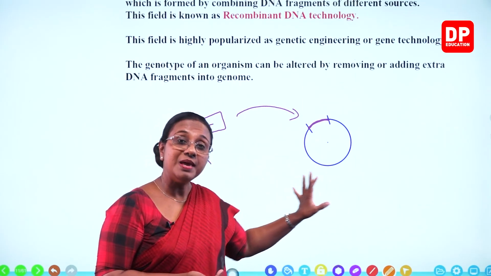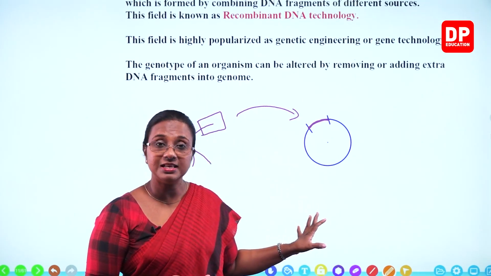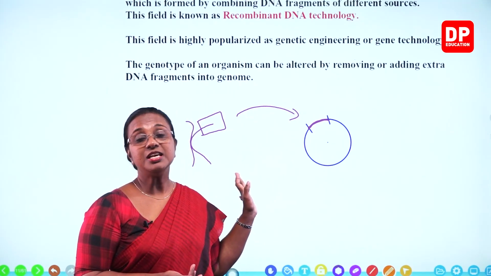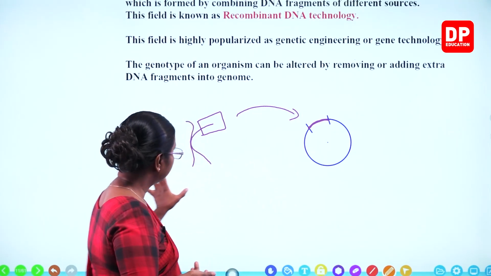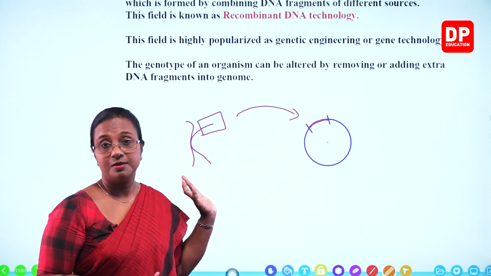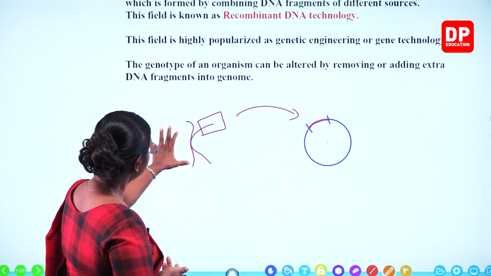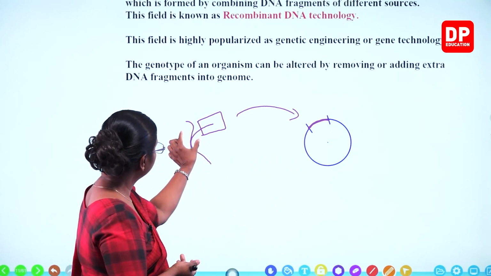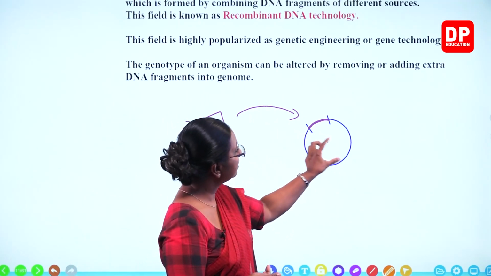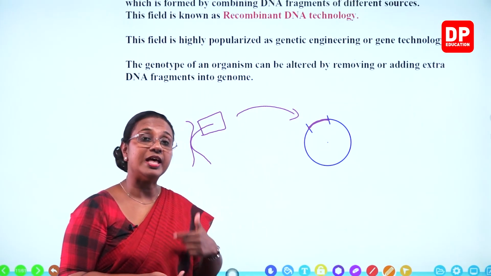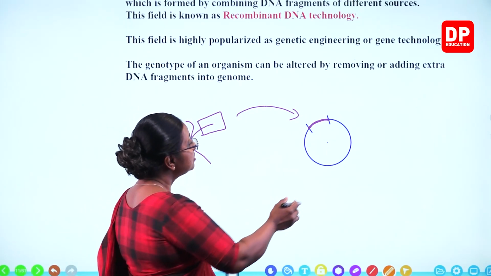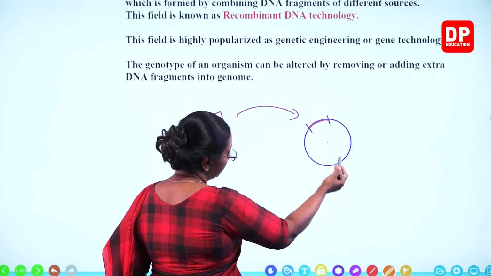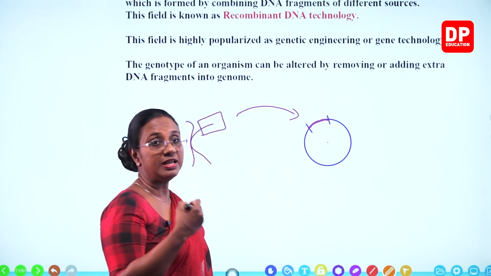This is just the basic idea. I have given you the basic idea of how this recombinant DNA technology is carried out. This is the genetically modified process. You have a chromosome that has a particular gene that is needed for us. You take that gene and insert it into another chromosome and use that for production. This is not a new DNA, but a DNA that has been modified.